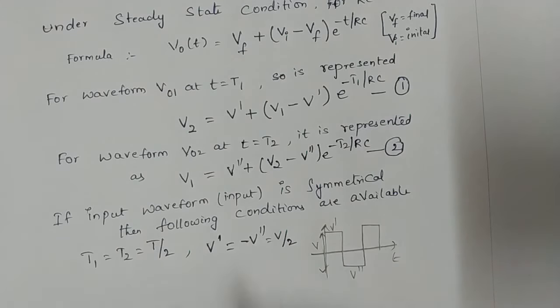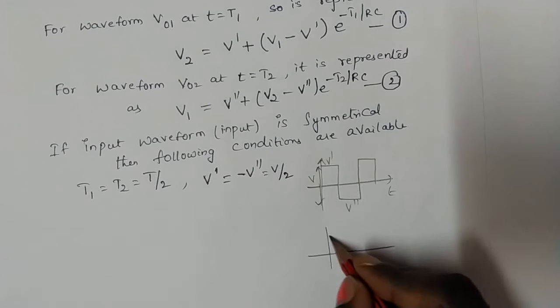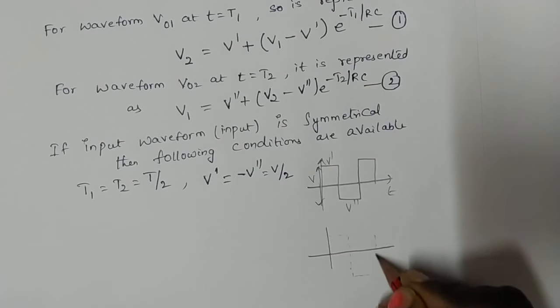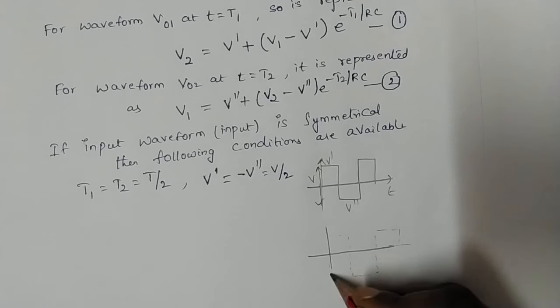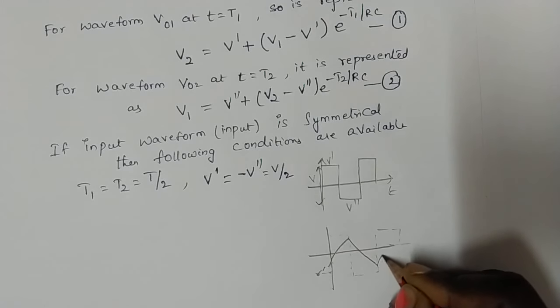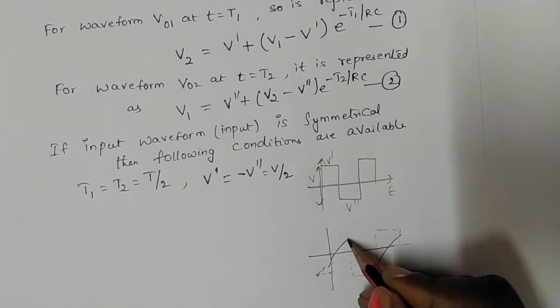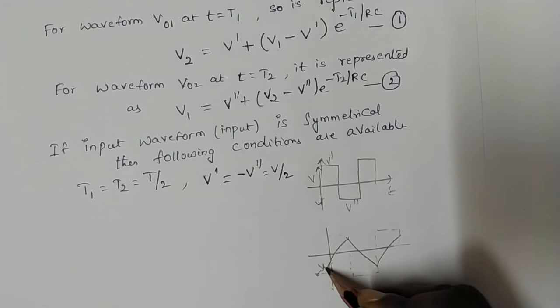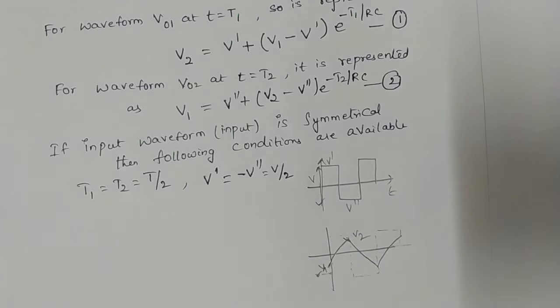And also in the discharging condition, in the output waveform, it gets charged up to here, like this it appears. Here the starting point V1 is equal to V2, the V2 is positive.